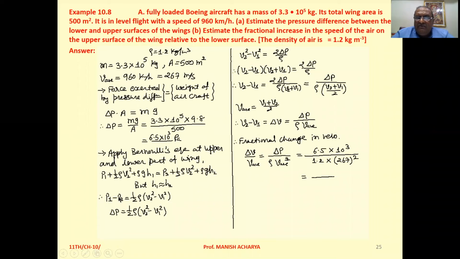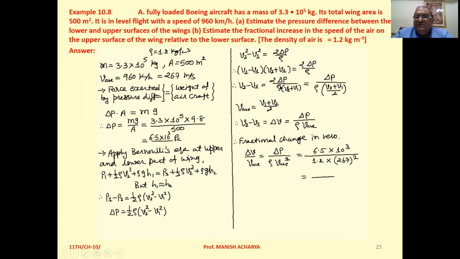So we can write P1 minus P2 is half rho into (V2 squared minus V1 squared). P1 minus P2 is the pressure difference delta P, so delta P equals half rho (V2 squared minus V1 squared). So V2 squared minus V1 squared equals 2 delta P by rho. We can write (V2 minus V1)(V2 plus V1) equal to 2 delta P by rho.